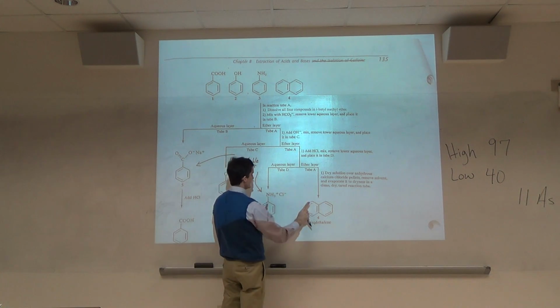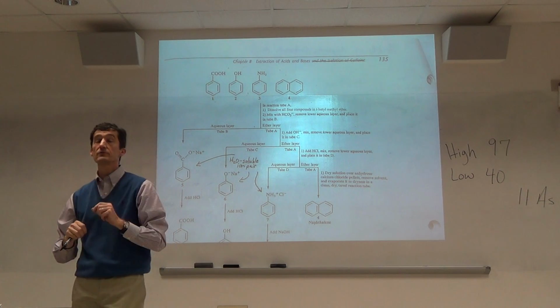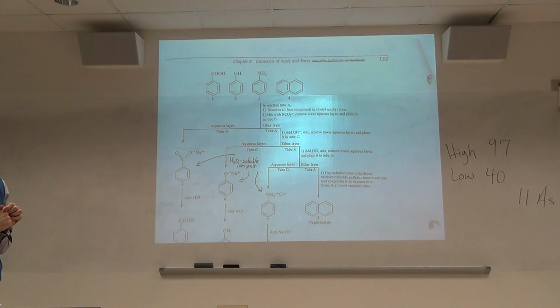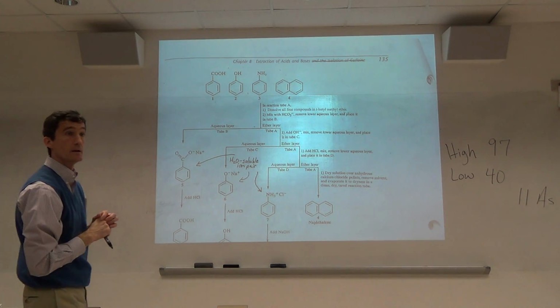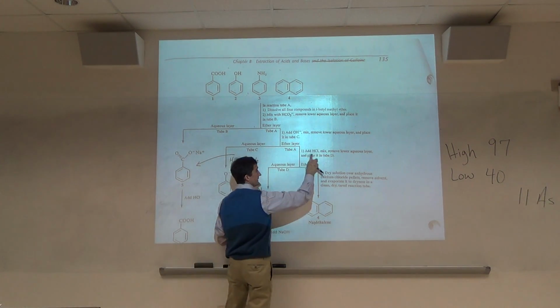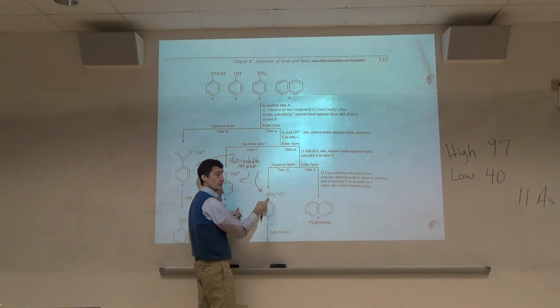Now how do you separate these 2, 3 and 4? What type of properties does any of them have? Can you convert one of them to an ion pair? Compound 3 can be converted to an ion pair by treatment with what? An acid. So you now add in like HCl. Compound 3 becomes protonated, becomes an ion pair.